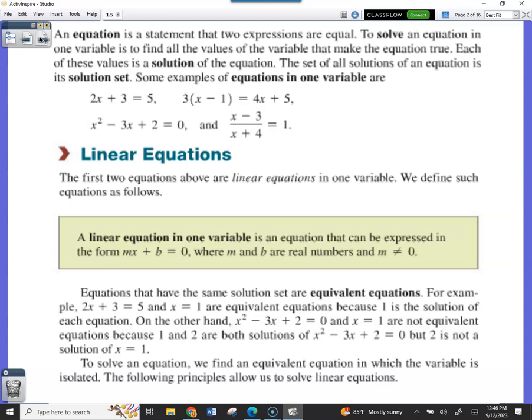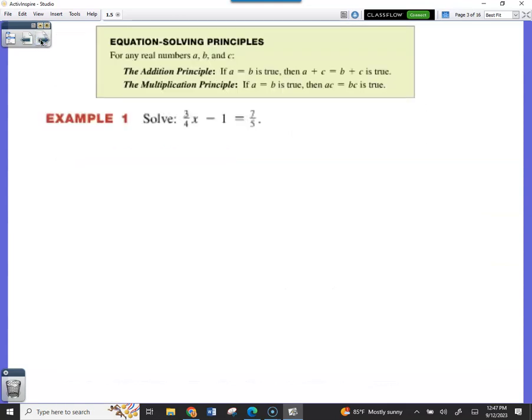When you solve that linear equation, you are finding the value that when plugged back in would make a true statement. We've talked about that. You're finding the solution. If you have equivalent equations, it means that while they may look different, they hold the same value. Let's just dive into an example. So go to this slide.